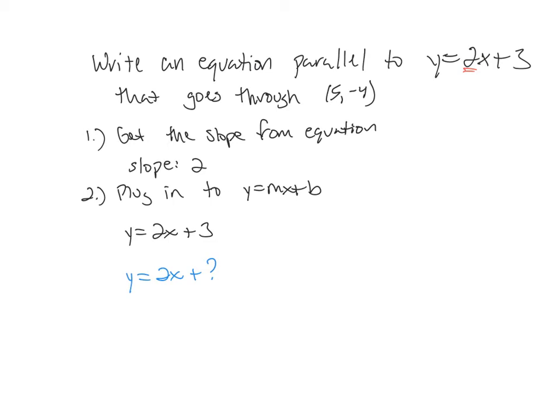So what we plug in is we plug in the coordinate, that's an x and a y. So for the y, I put -4. The 2 is still there, because it's going to be a 2 at the end. The x is a 5, and then I don't know that number at the end.